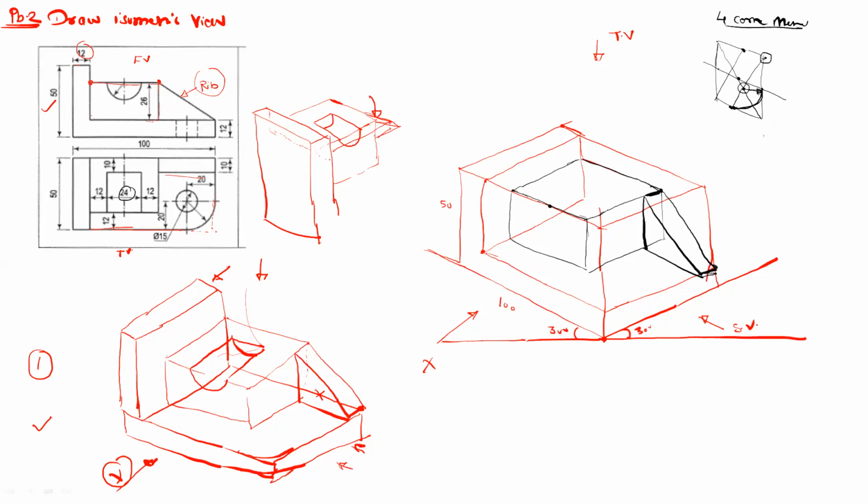Now to draw the arc from this point up to this point, take this as a center. So you can take this as center C2 and this is C1. This is the radius, and then draw this arc. So in this way you can draw this semicircle.